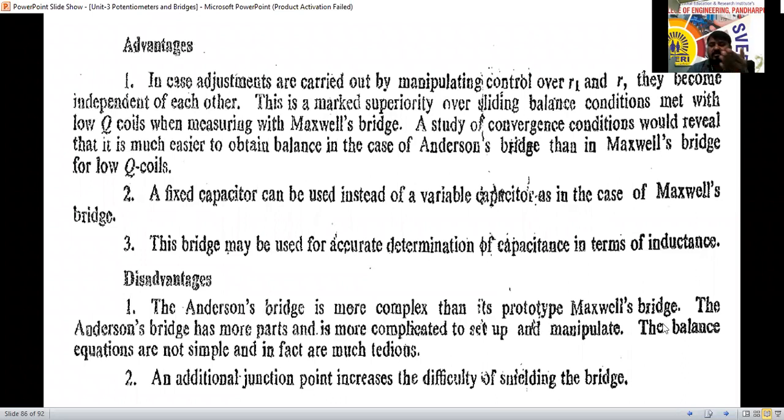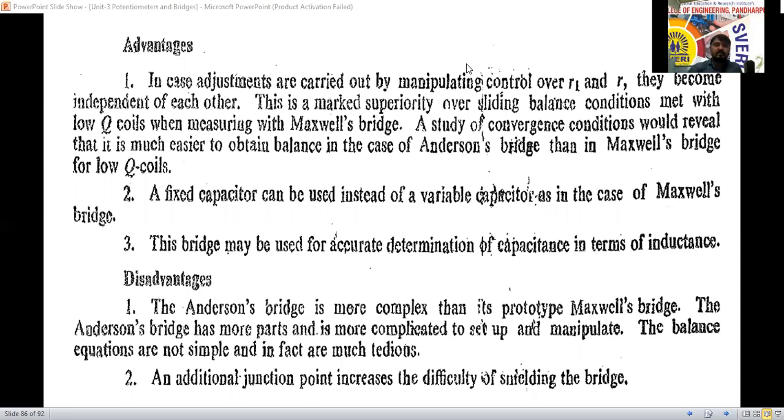The derivation is difficult; we have to calculate the values, and it has more parts. It has more resistance values, so shielding and making the connections is complicated. Bringing the bridge to balance is also difficult. For that reason it is more complex than the Maxwell bridge.